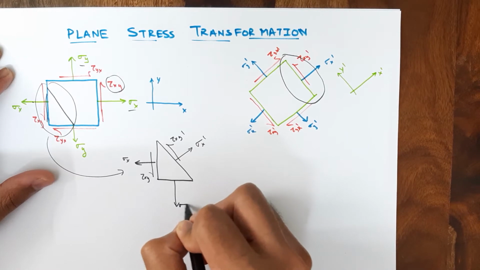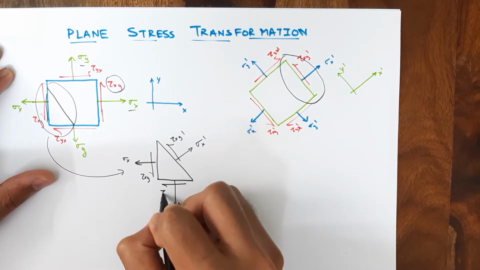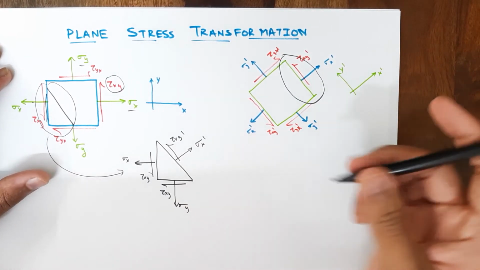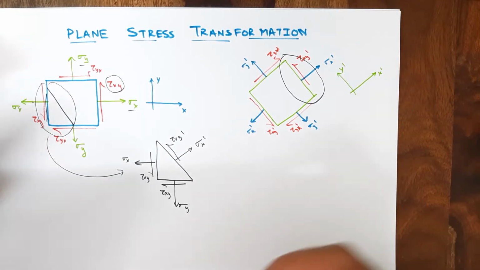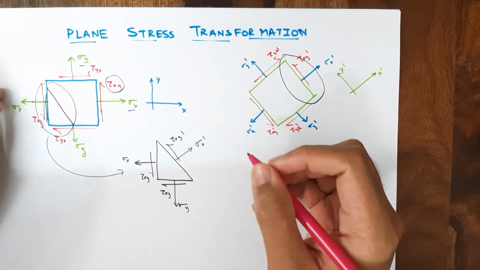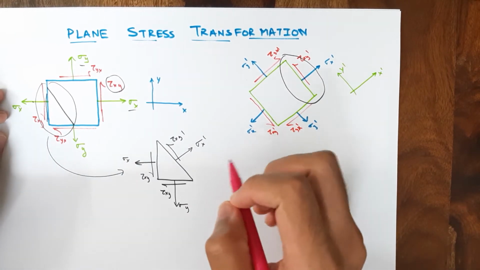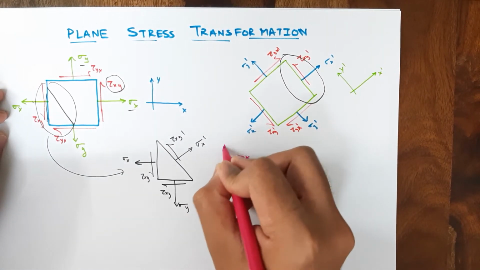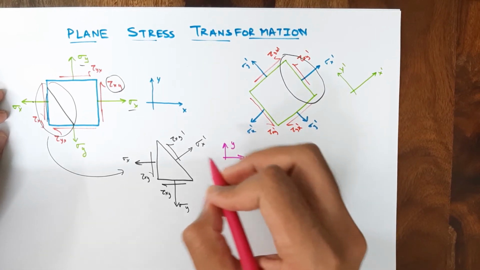Here sigma y is acting and tau xy is acting. So now we are going to use force equilibrium and not stress equilibrium. Generally students often make this mistake where they equate stresses in the x and y direction. We should be equating forces, not stresses.